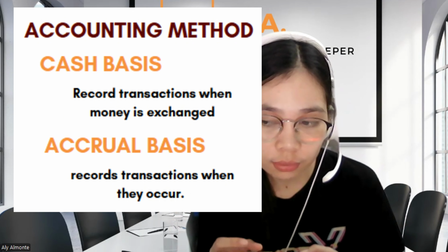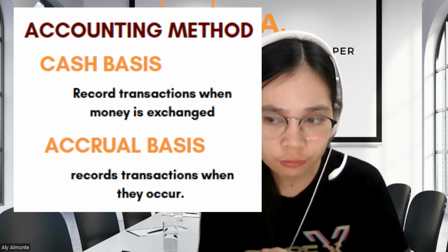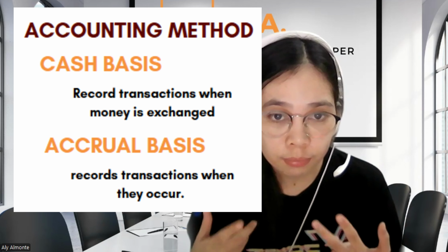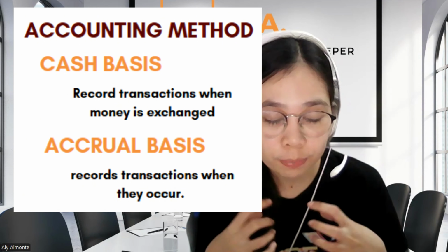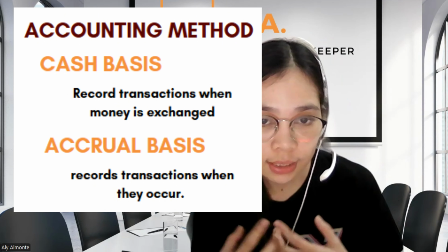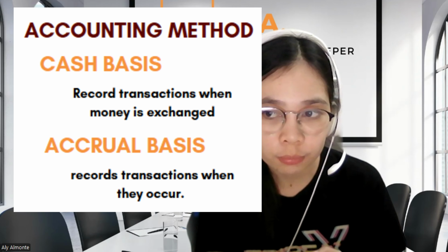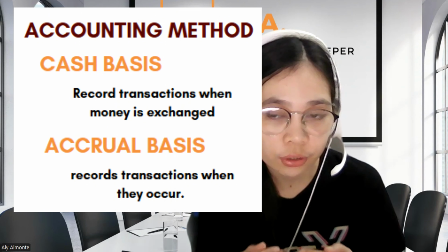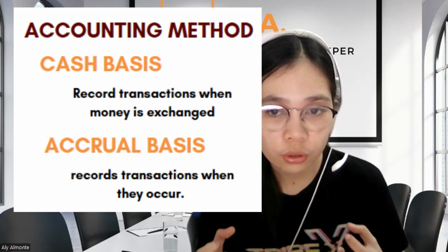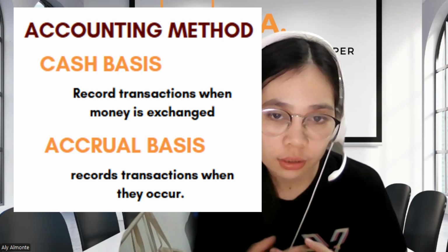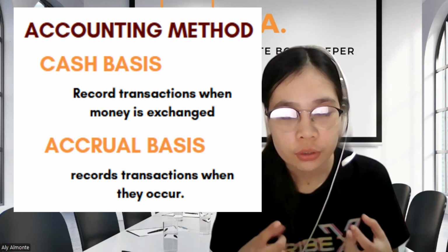So, it doesn't matter if yung rent na yun is for next month pa or nung previous month ba yun. Basta, kung kailan mo siya na-receive or kailan mo siya pinay, dun mo siya i-record as expense. And then, same as income, kung kailan mo siya na-receive from the customer, saka mo lang siya i-record regardless of kung kailan na-occur or na-receive ni client yung service or product niya. So, yun yung cash basis.